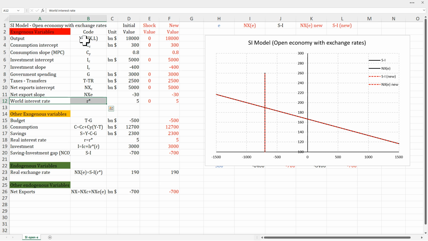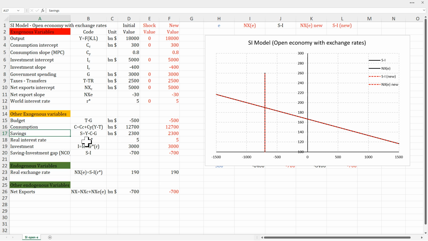Once we have these exogenous variables set up, we just make some numbers up, and then we can use these numbers to get our budget balance. Then we can get the consumption function, which is 300 plus 0.8 times (18,000 minus 2,500). Savings is Y, 18,000, minus C, 12,700, minus G, which is 3,000.